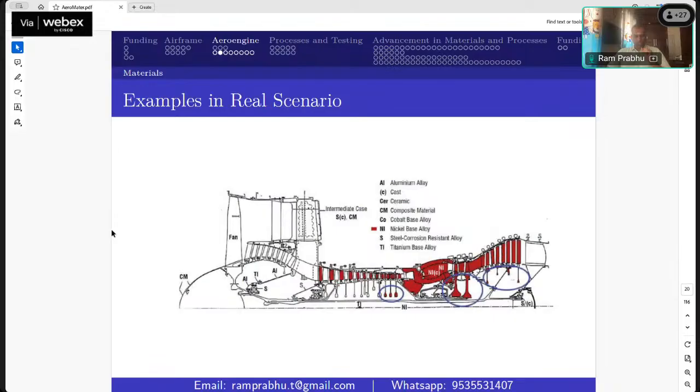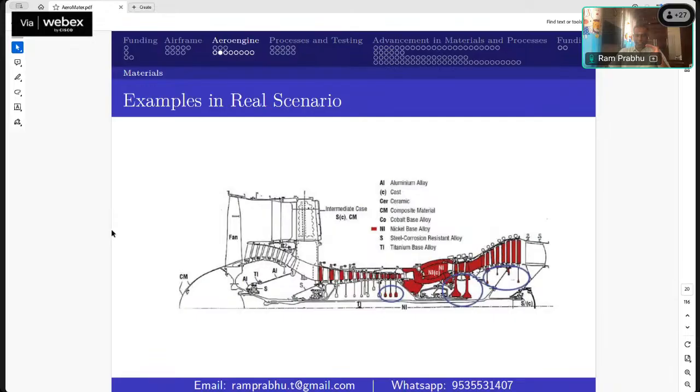And just to give an idea, aluminum alloys are used in applications where the temperature exposure is less than 120 degrees Celsius. I cannot use aluminum alloy in a scenario where temperature exceeds 120 degrees. Similarly, these are all designer rules for how the designers select the materials. Any regions experiencing temperature less than 300, then steels.